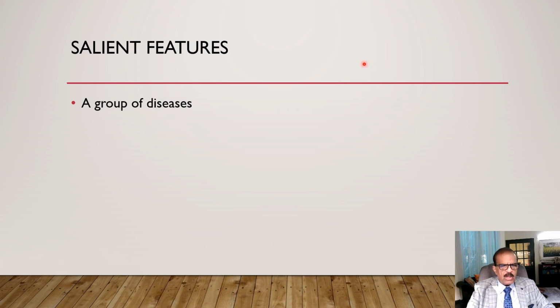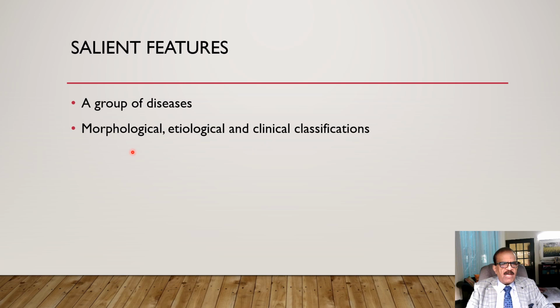So I'll give you some classification also. Then a classification can be based on morphological appearances on X-ray, that means how this pneumonia looks on X-ray, and etiology, what is the exact organism, and the clinical classification is also there.